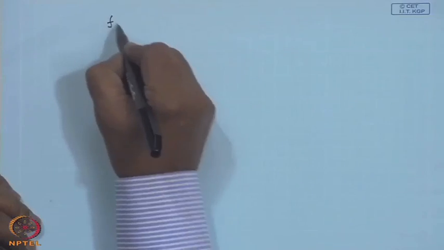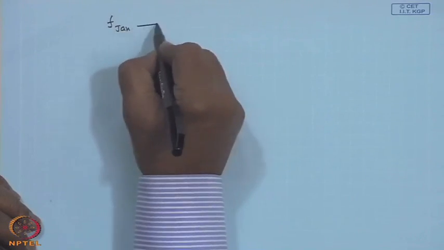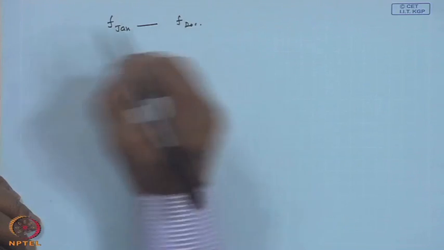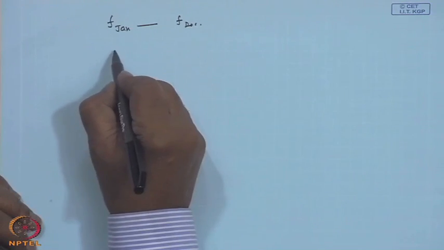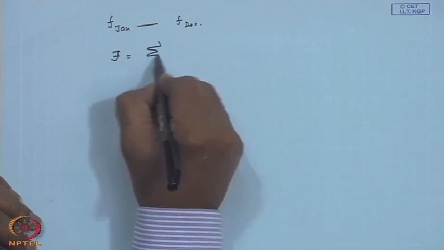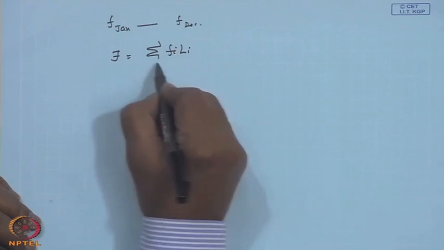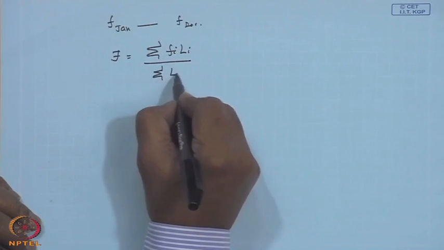Now, this is the solar load fraction we have calculated as per the specifications of the system, meets 12 kilowatts 12 hours a day for the month, and collector parameters are given for 1 month, January. Then you can calculate f January to f December, and then capital F will be sigma Fi Li upon sigma Li.